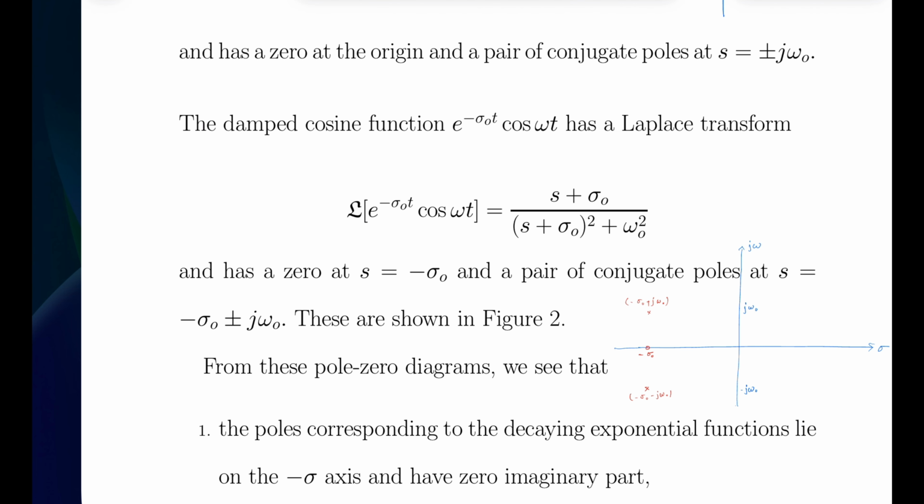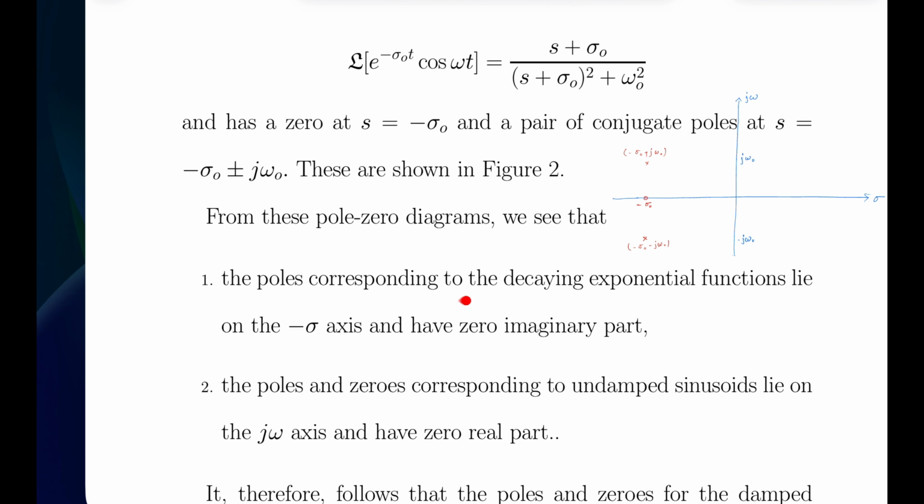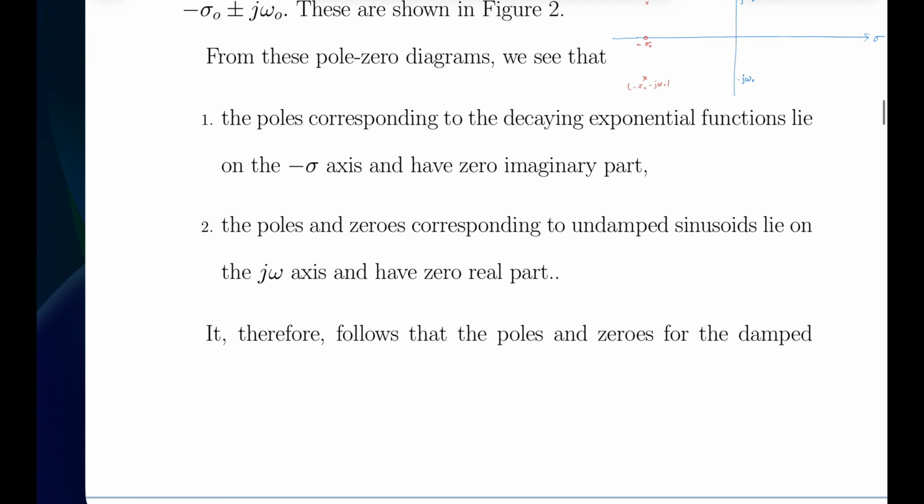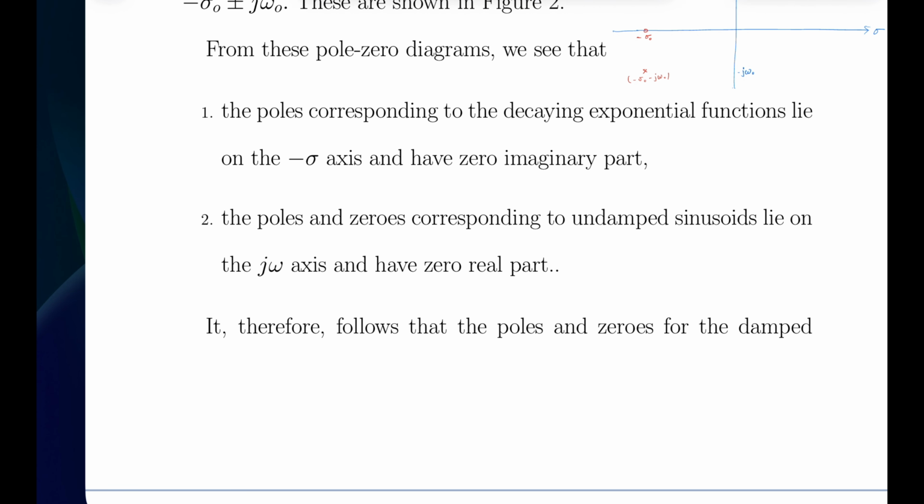So from this pole zero diagram we see that the poles corresponding to the decaying exponential function lie on the minus sigma axis and have zero imaginary part. हम देख चुके हैं अभी. सेकेंड क्या है? The poles and zeros corresponding to undamped sinusoids lie on the j omega axis and have zero real part.